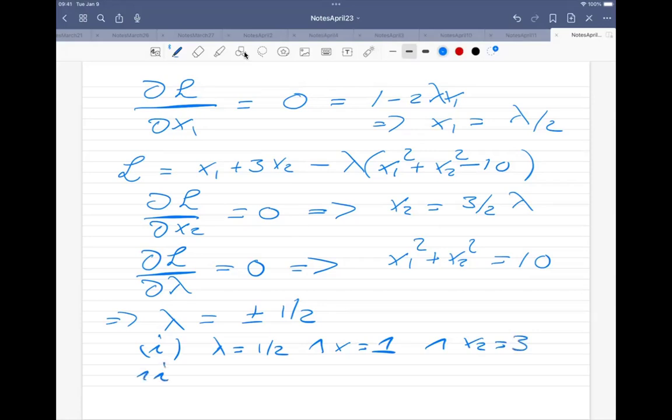And then I have the second case, which is the other point, when lambda is equal to -1/2, and x1 is equal to -1. And finally, when we have x2 is equal to -3.